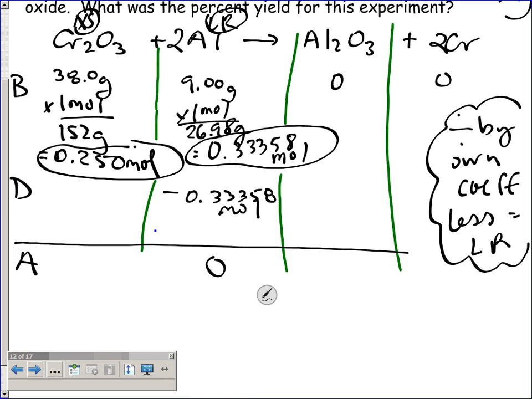Now, if I'm subtracting the LR from chromium(III) oxide, it reacts with chromium(III) oxide in a what to what ratio? If I'm in the chromium oxide row, I look at this one first, and it reacts in a 1:2 ratio. You always compare, so the ratio here is 1 chromium(III) oxide for every 2 aluminum.